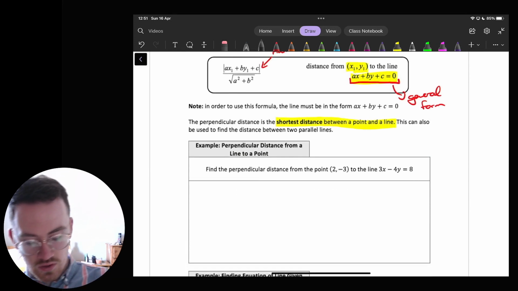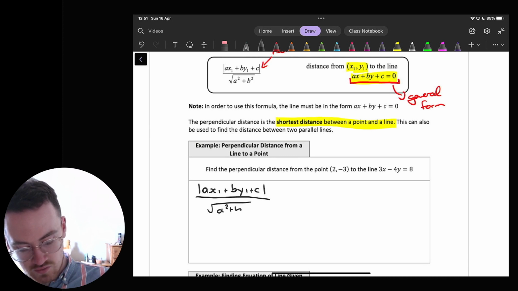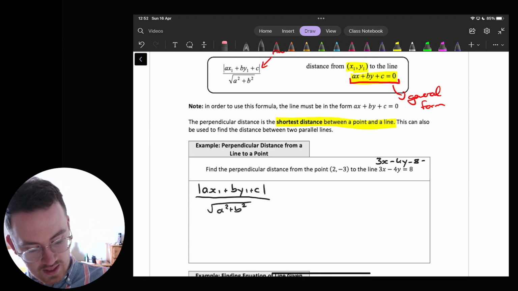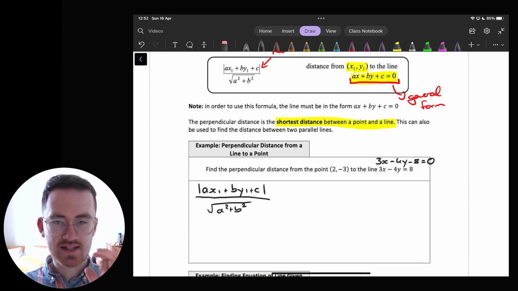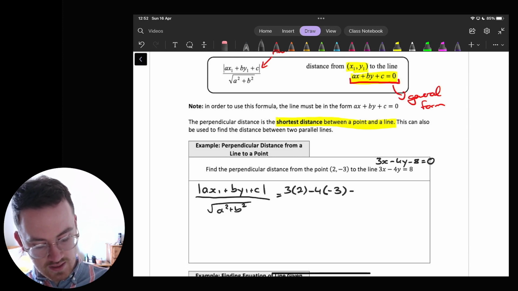So in terms of using the formula, it's just a matter of subbing these values into our formula, making sure that we have rewritten our line into the correct format and that we're subbing everything in correctly. With this one here, I'm just going to rewrite that 8 and bring it over to the other side just to keep it in the exact form that I want. Then I'm filling in: a is 3, x1 is 2, b is minus 4, y1 is minus 3, and c is minus 8, and it's over the square root of 3 squared plus minus 4 squared.